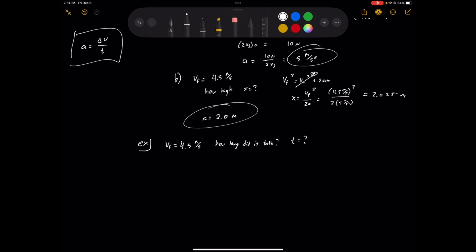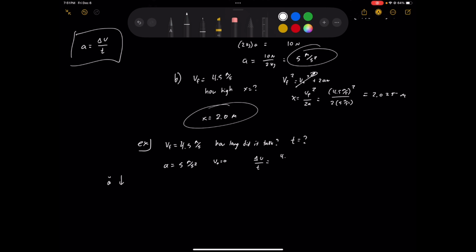So again, we have the acceleration from before. We know the acceleration is 5 meters per second squared. We have vf. We know that v naught is 0. We're going to call going down, right? So it's accelerating downward. We're going to call that positive. And in that case, our delta v, we're going to say vf is positive. So we have a delta v over t. v naught is 0.